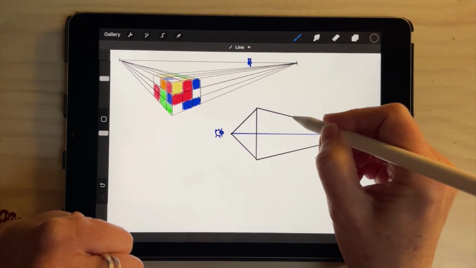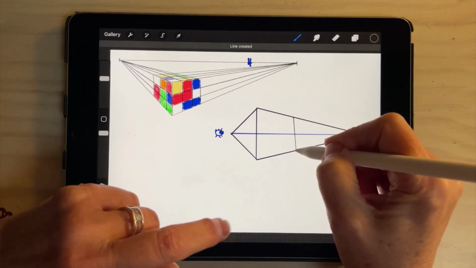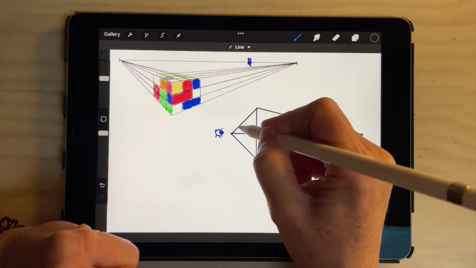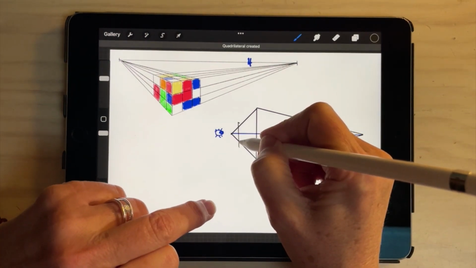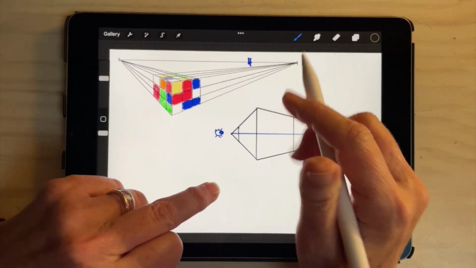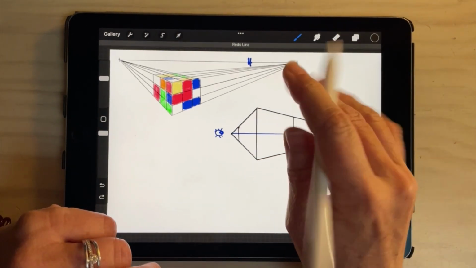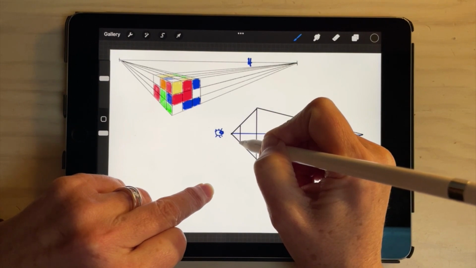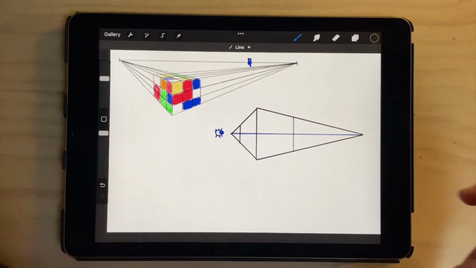And then we decide where is the furthest away side of it at the front, and we make sure that that is vertical. And then we decide where the back side is going to be. Oops, why did it go much bigger? I don't know. But let's just do this. And put it in like that.